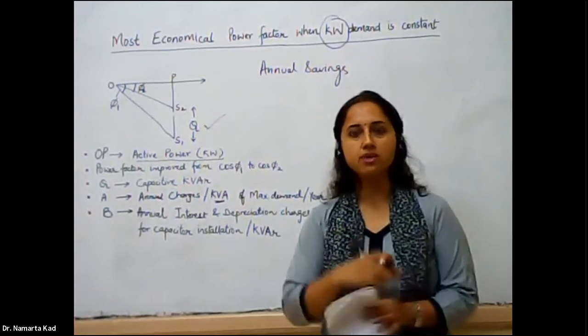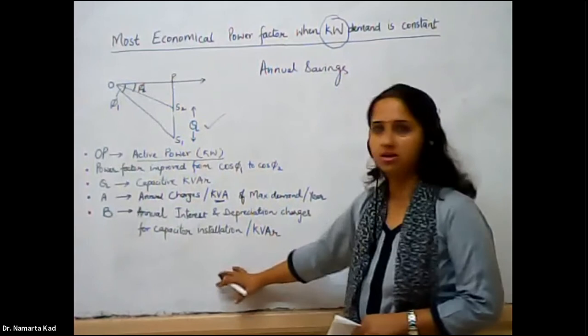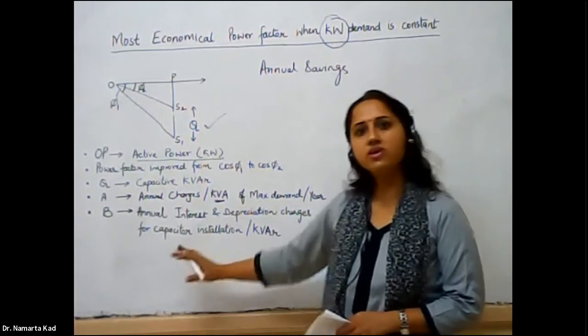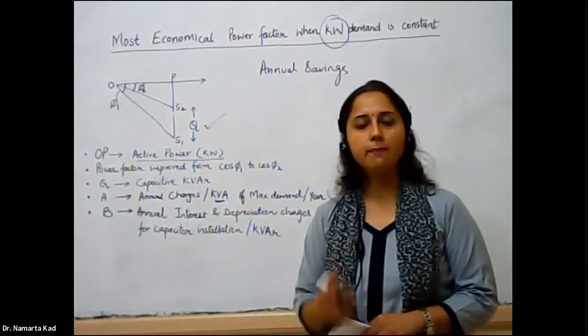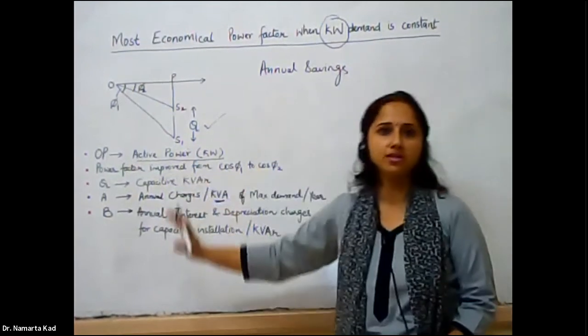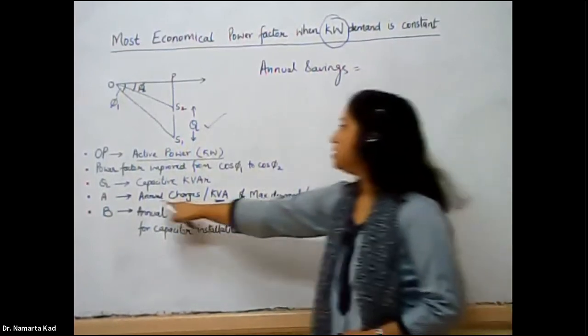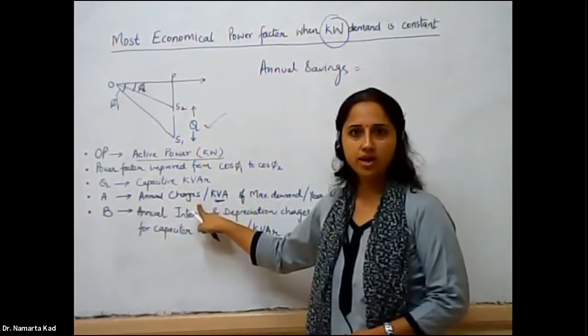For improving the power factor, some expenses are there in the form of capacitor installation, so the savings must be maximized so that the power factor is improved to its maximum limit. The annual savings are given by the annual charges per kVA.